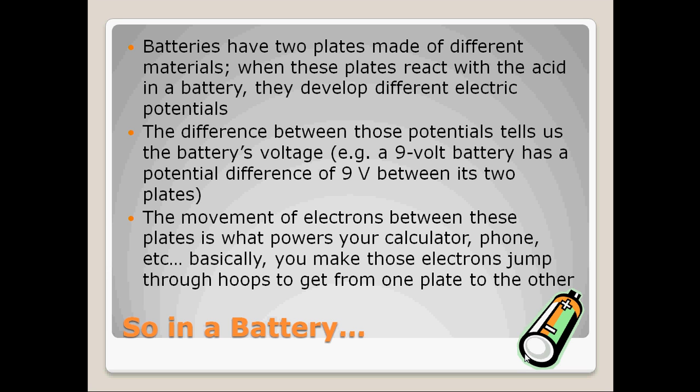The way that we utilize this is that we have them jump through all these hoops. We construct circuits around it, so that as they're trying to move to that area of higher potential, they also have to power your device. But basically, our little electrons are just trying to run home to the area of higher potential where they belong.